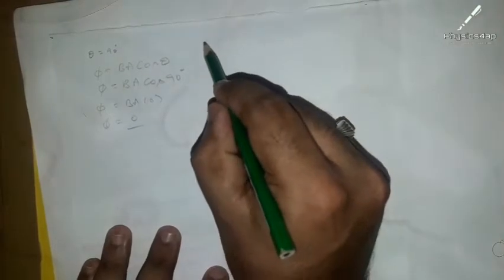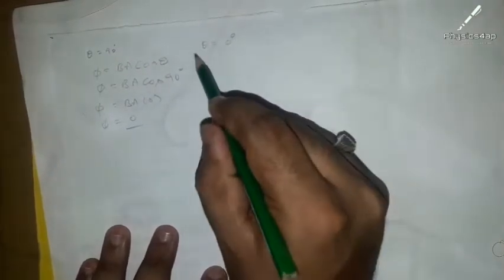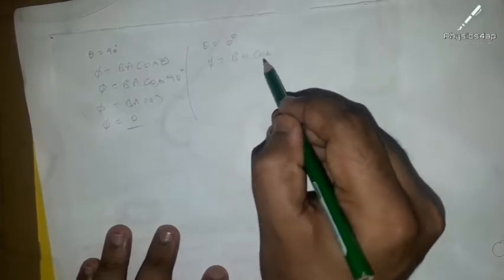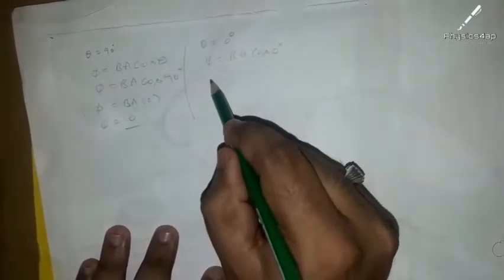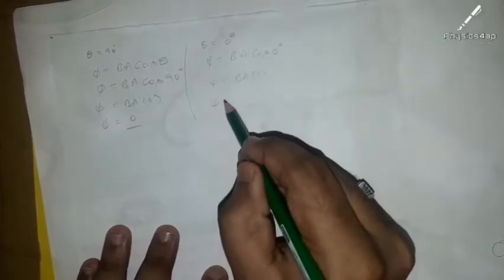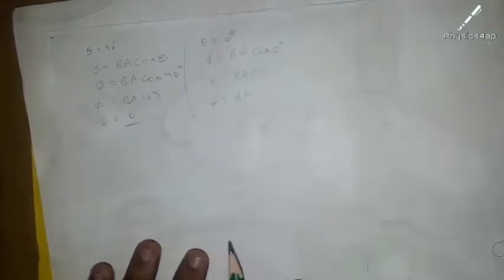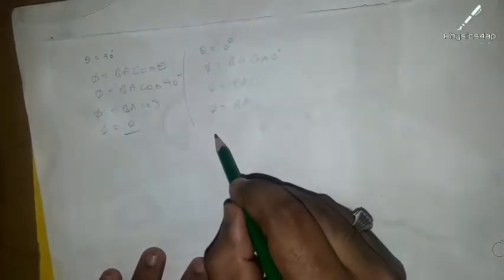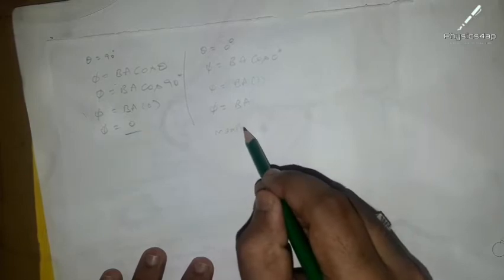Now substitute, if theta is equal to 0 degrees, then phi is equal to BA cos 0 degrees. So phi is equal to BA, as cos 0 value is 1. So phi is equal to BA. That is, if the angle is 0 degrees, the flux will be maximum.